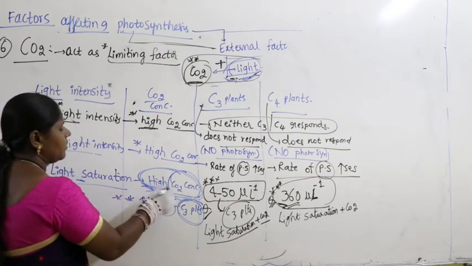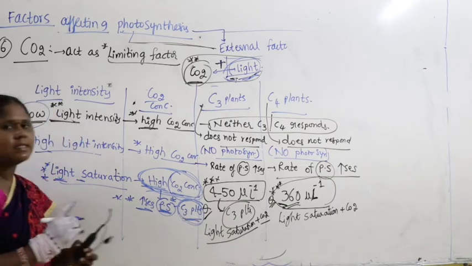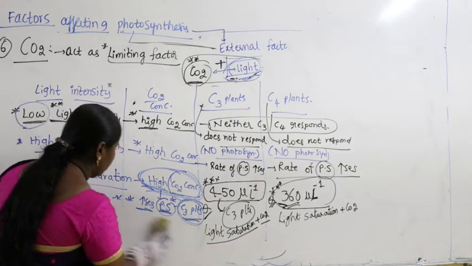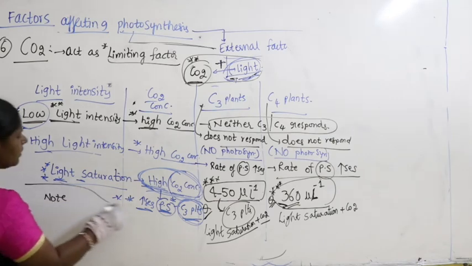High carbon dioxide concentration increases photosynthesis in case of C3 plants. That is the reason why. So let us take the note point. This table is completed till here.